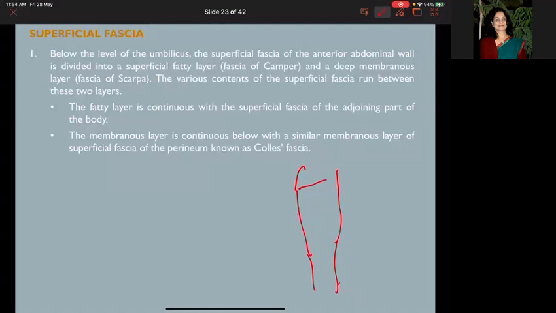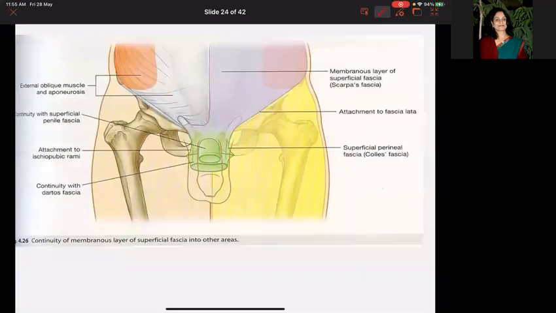Then the membranous layer of the abdomen, that is the deep layer of the superficial fascia called the fascia of Scarpa, is continuous lower down with the fascia of the perineum.